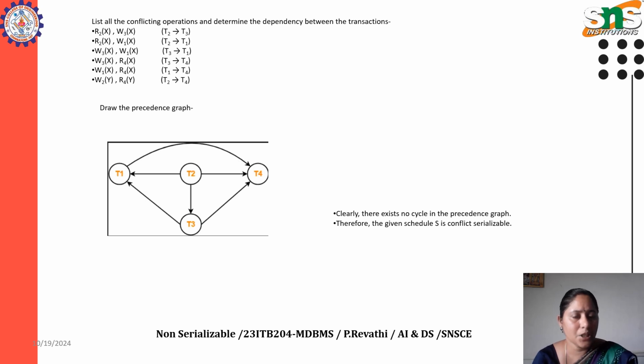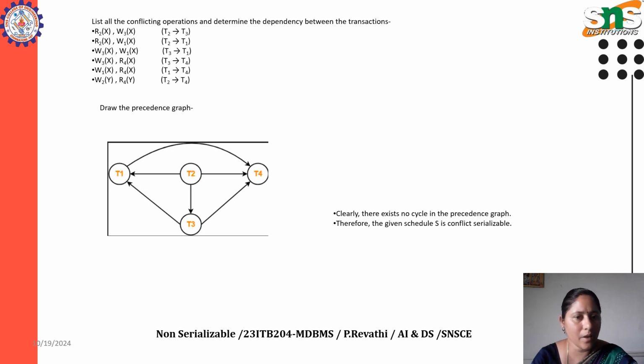T2 goes to T3, T2 goes to T1, T3 goes to T1, T3 goes to T4, T1 goes to T4, and T2 goes to T4.